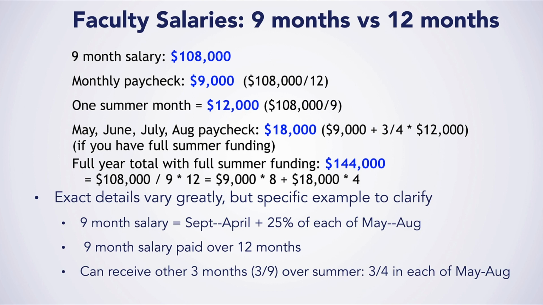This is 12/9 of $108,000, or you can also see that it's 8 months where you get a $9,000 paycheck plus 4 months where you get an $18,000 paycheck. So summer funding makes a huge impact on how much money you get to take home each year, but you have to come up with the funding for it.